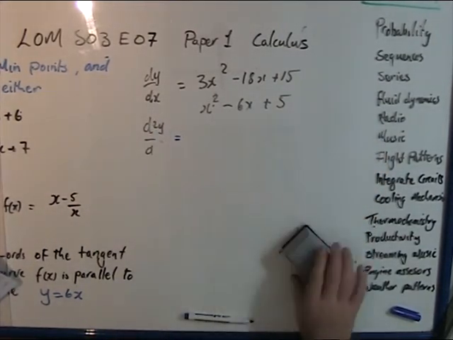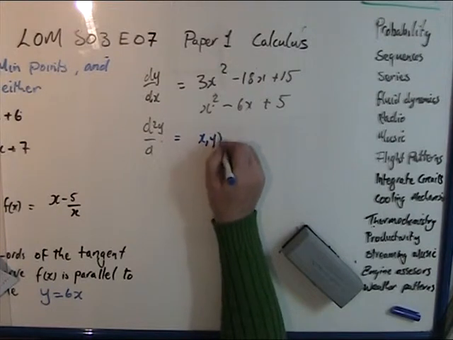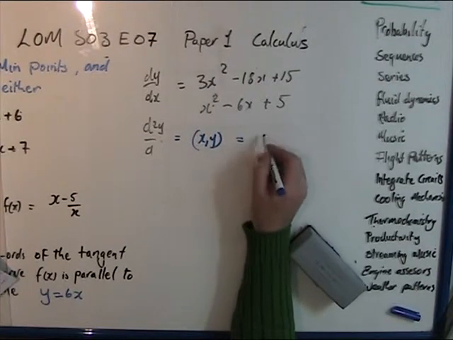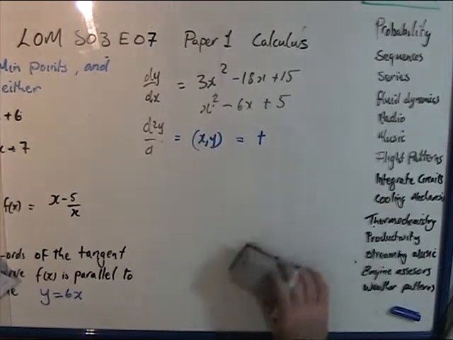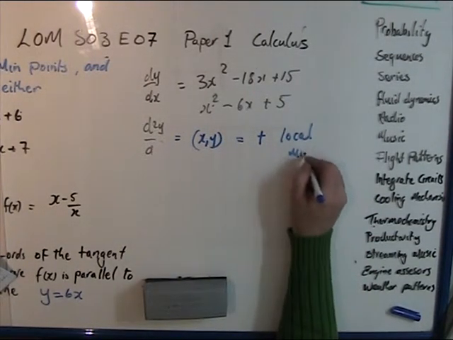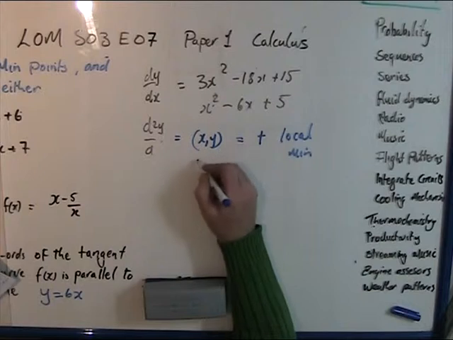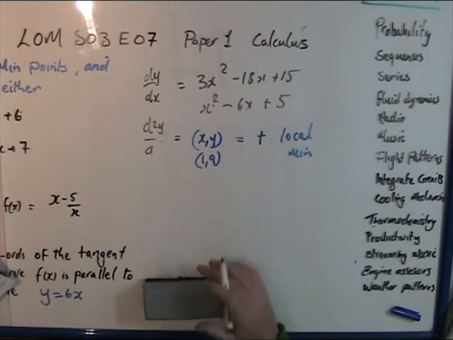If you get the second derivative and you put your x values into it, and you get a plus answer, it's a local minimum point. The last time we had (1, 9), so 1, 9 went in and it became a plus.